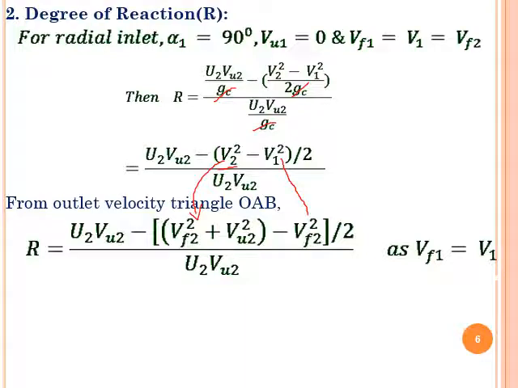According to the relation Vf1 is equal to V1, V1 square is equal to Vf2 square, by 2, with denominator U2 Vu2.